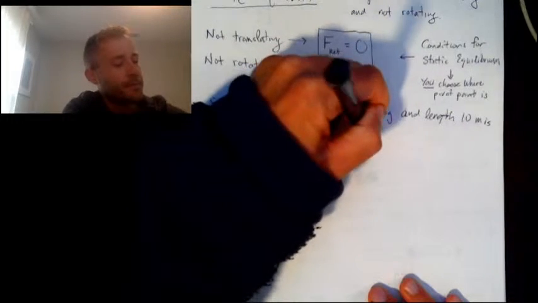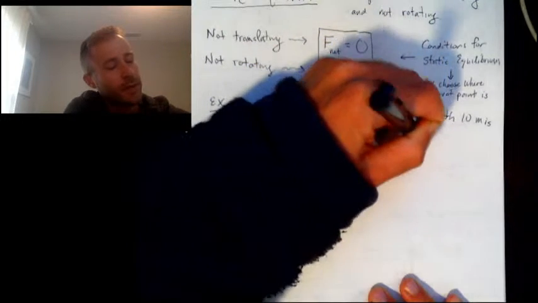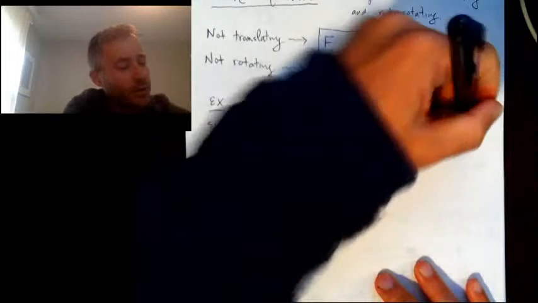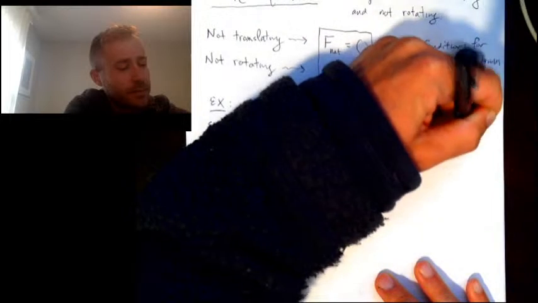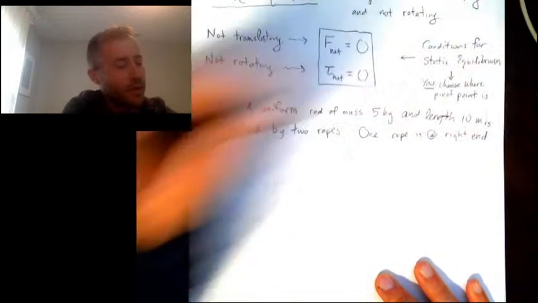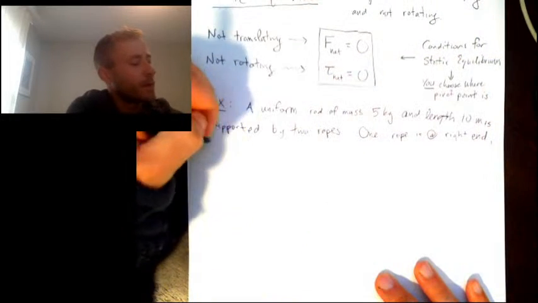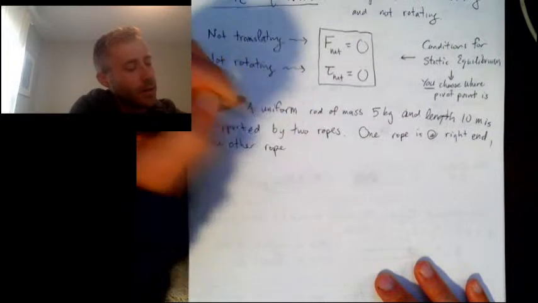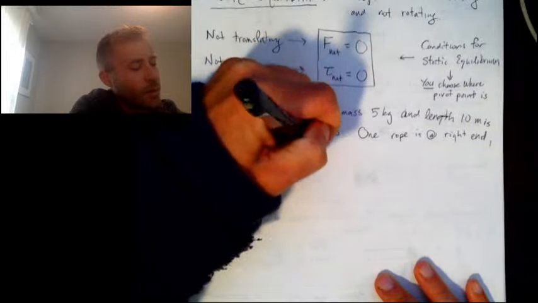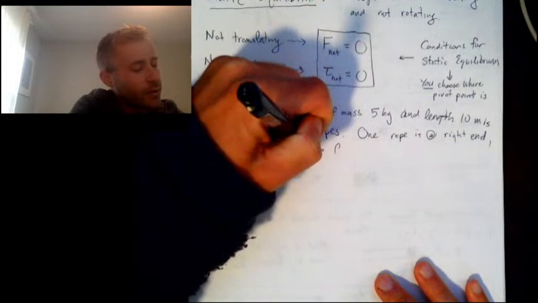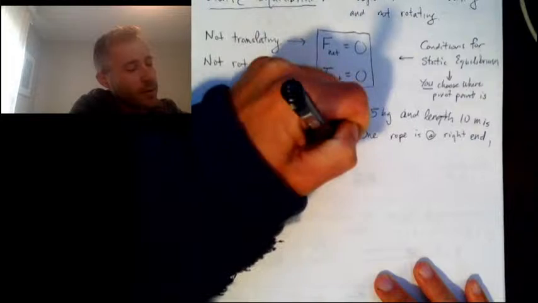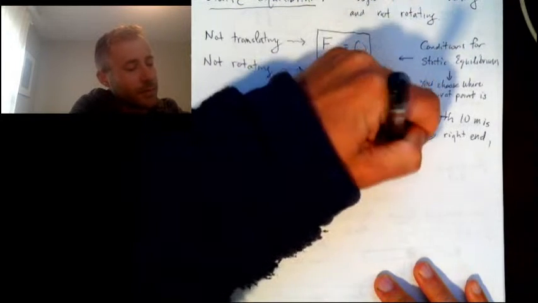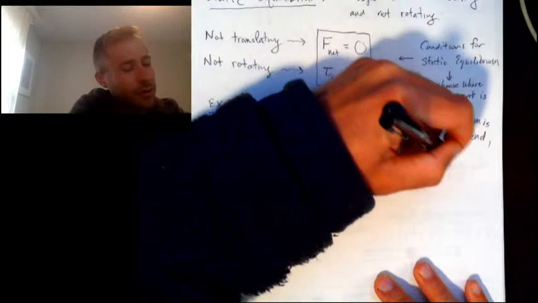One rope is at the right end. The other rope is, actually, let's say 2 meters from the left end. Calculate the tension in each rope.